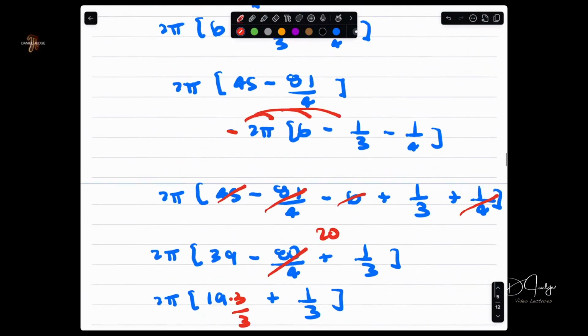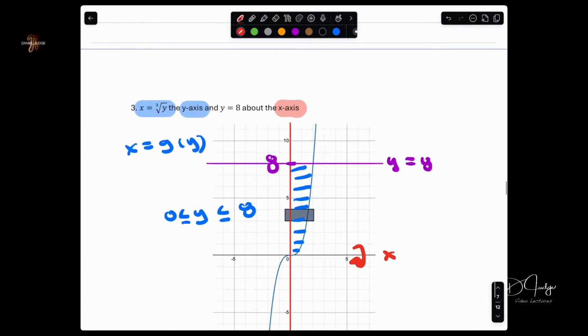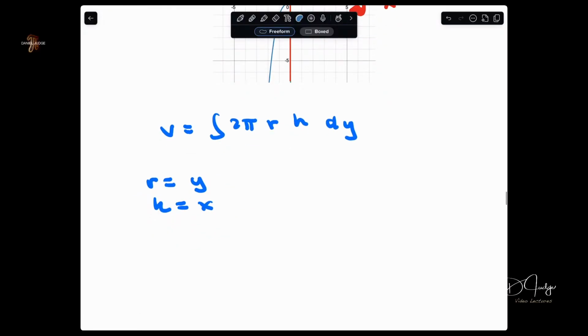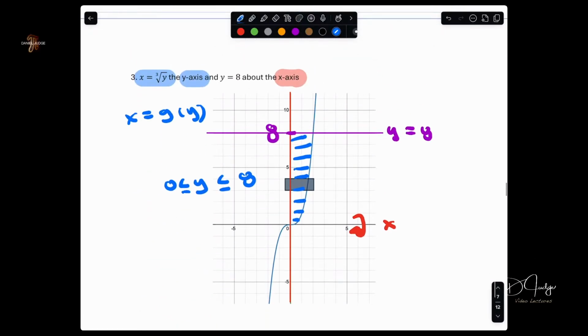You go, what do you mean by that? Well, what's going to happen now is instead of your radius being an x value, we're going to see that the radius will be a y value, and the height's going to be the x value, which is a function of y. So I'm just going to put it maybe over here. So everything actually kind of gets switched because of how they gave everything to us.